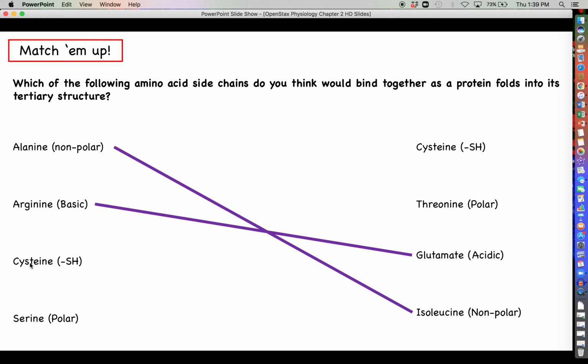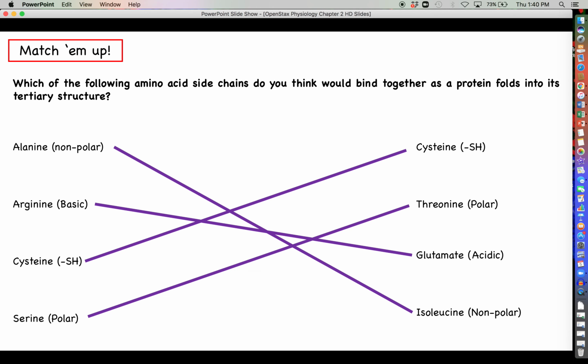Next we have cysteine. Well, we just got done discussing that when 2 cysteines come together, they form a disulfide bond. So as the protein folds, we're going to want to get cysteines in close proximity to one another so that they can form their disulfide bridges. And then finally, what that leaves left is serine, a polar amino acid side chain interacting with threonine, another polar side chain interaction. So this would be an interaction that is stabilized by hydrogen bonding in all likelihood.